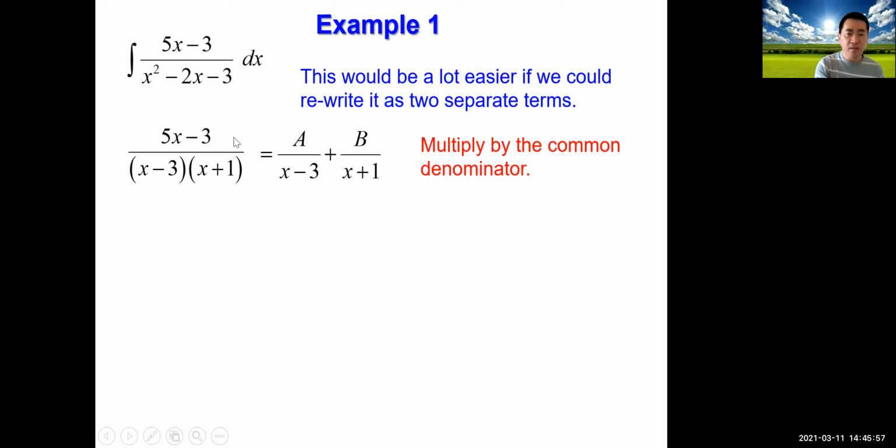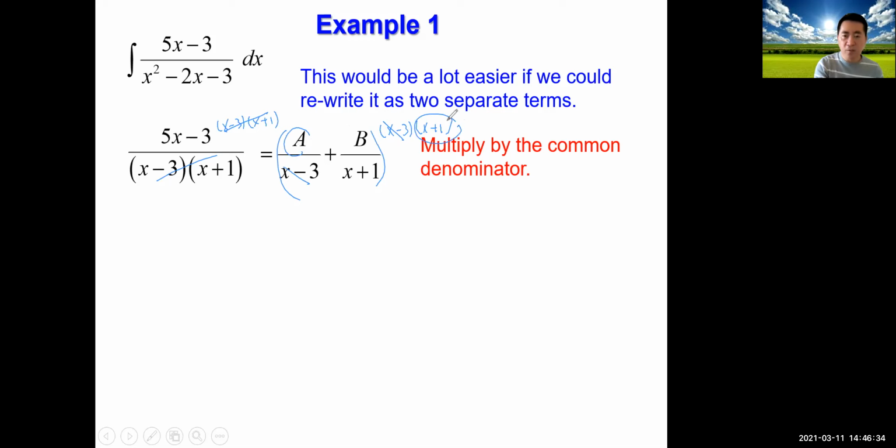If you multiply both sides by the common denominator, on the left you have x minus 3 times x plus 1, and on the right you take x minus 3 times x plus 1 as well. When you multiply on the right, you distribute it in. If you multiply it in the first fraction, the x minus 3 cancels. You're left with A times x plus 1.